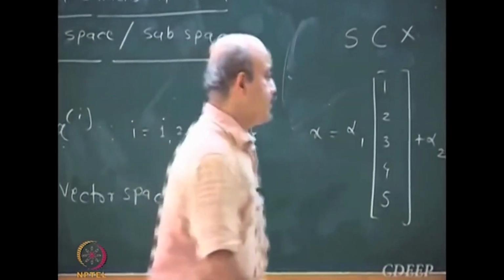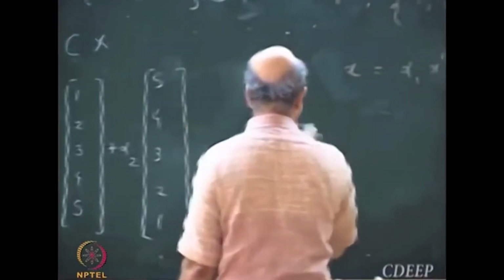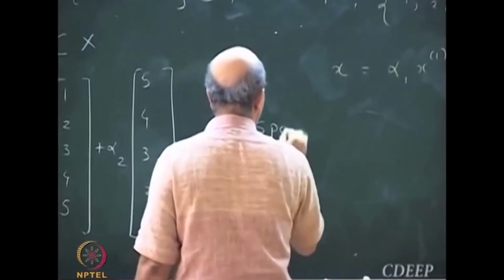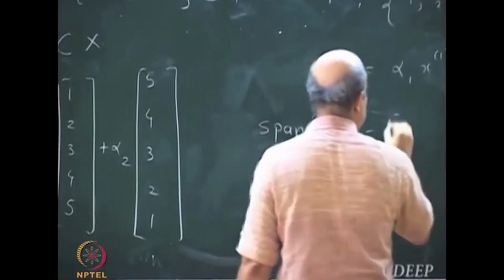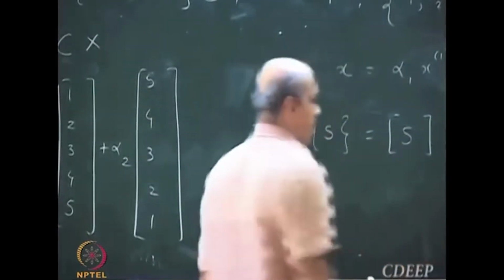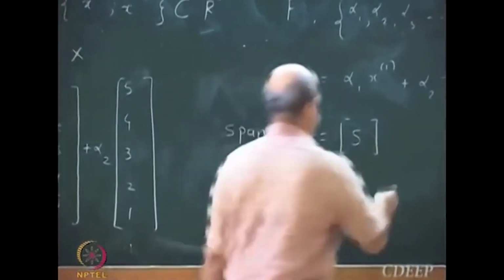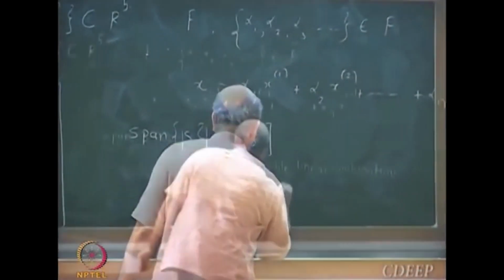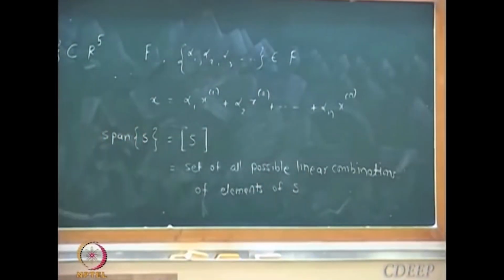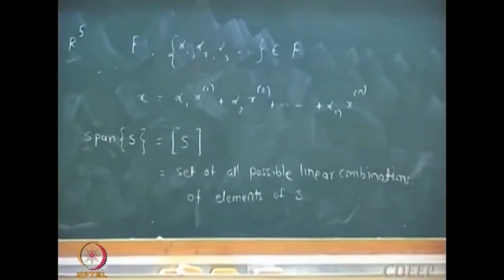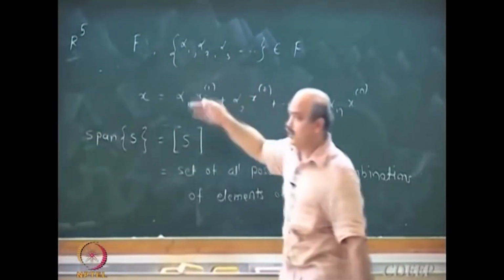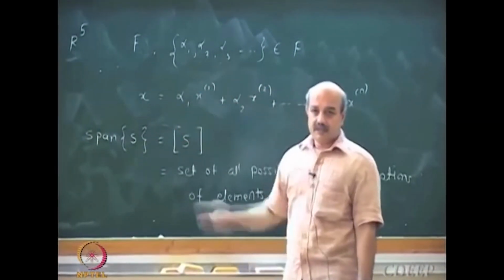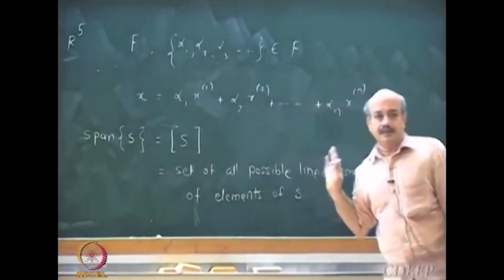Span of a set is the set of all possible linear combinations. Span of S, which is many times denoted as square bracket S, is what I get if I take all possible linear combinations of elements of S.